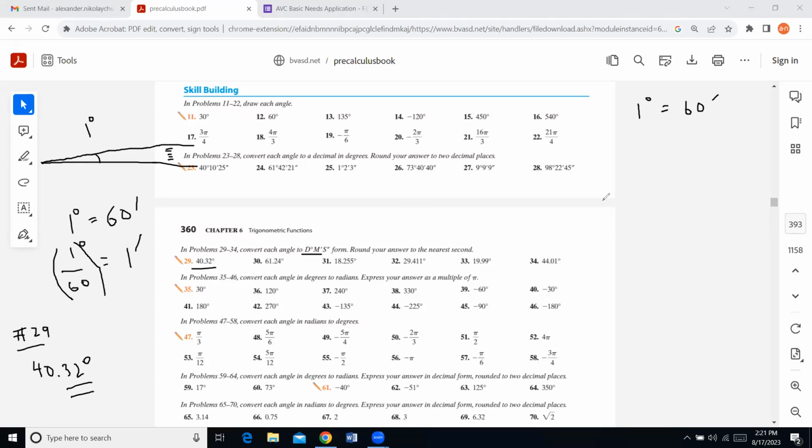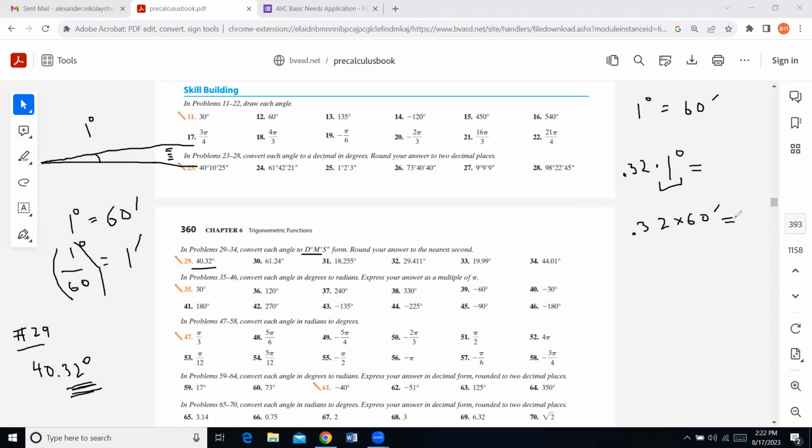I can say that 0.32 times 1 degree is what we have here. We already know it's 40 degrees, but what about 0.32? I need to rewrite that 1 degree as 60 minutes, so it'll be 0.32 times 60.